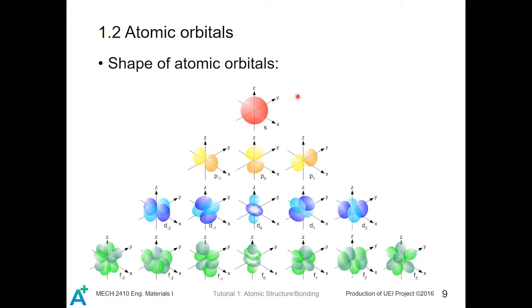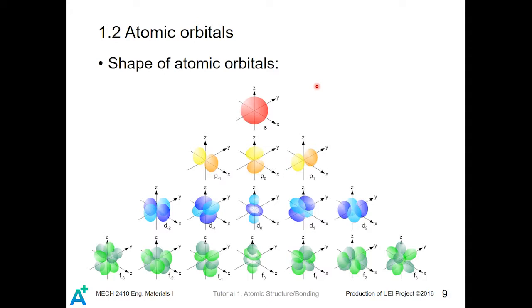And you can have an overview of the shape of all atomic orbitals: s, p, d, and f. For s, you may notice that the angular quantum number is 0, and that's why there is only one possible magnetic quantum number, which is 0.